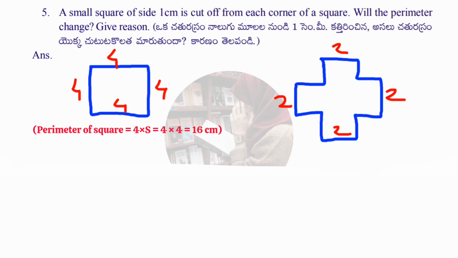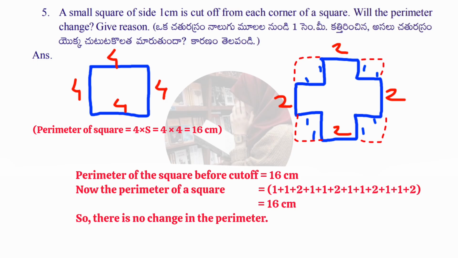Now we'll cut this square, 1 centimeter from each and every corner. So after cutting we'll be left with 2 centimeters, 2 centimeters, 2 centimeters, 2 centimeters, like this. So this is the square after cutting off. So write down the answer. Perimeter of the square before cutoff is 16 centimeters. Now for the perimeter, we have to add each and every side.